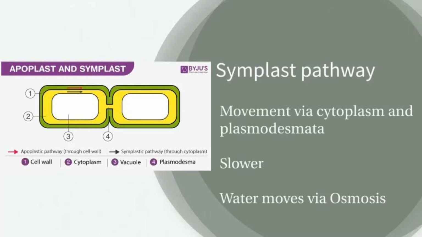The way that the symplastic pathway works is that water moves in the cytoplasm and it can move between cells via these gaps in the cells, which are called plasmodesmata. In this pathway, it is via osmosis that the water moves, and this is a much slower pathway. But as I said before, there are times when the plant will use this pathway as well.